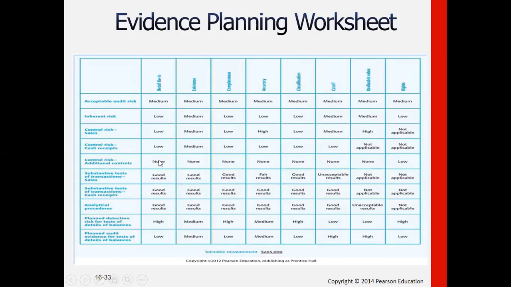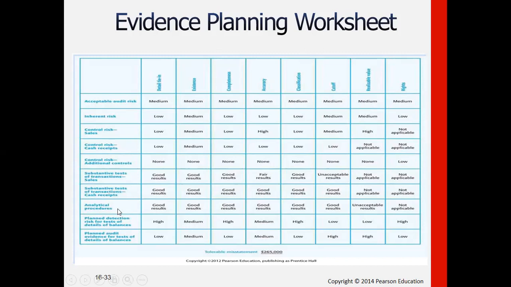Then the control for cash receipts is not applicable for realizable value because cash receipts are not presented at that, as well as the rights. Normally, rights are on the ending balances and on assets. Sales are not assets. Then control risk, additional controls, none for these items, but for the rights, low.